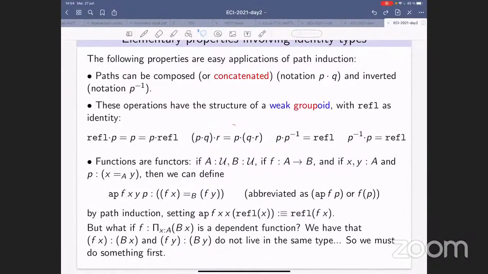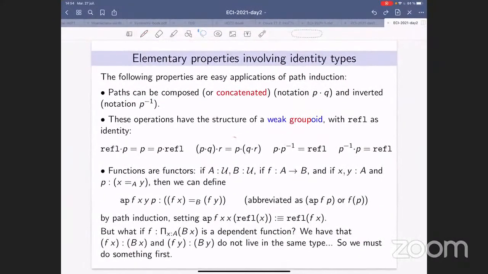Okay, so the next task is to define something that is called app. So if you have a function from A to B, this function should also be able to map proofs of equalities to proofs of equalities. So in the language of category theory, it should be not only a function, but a functor.